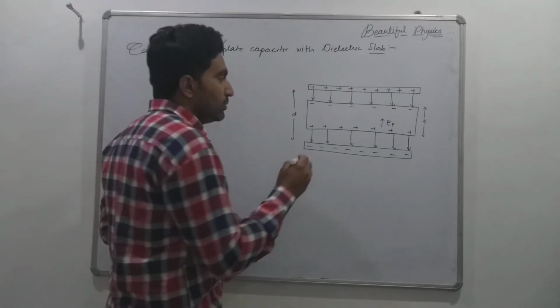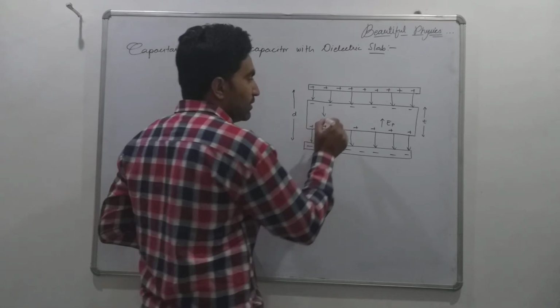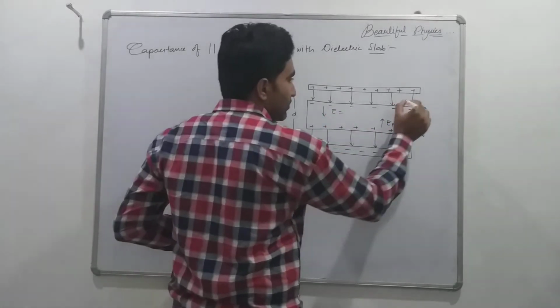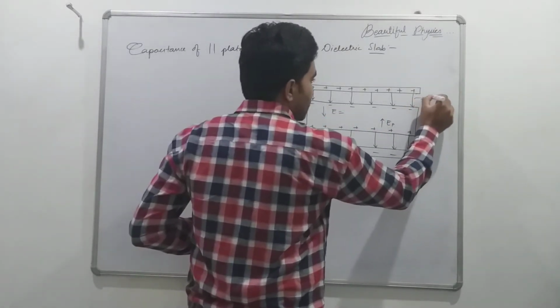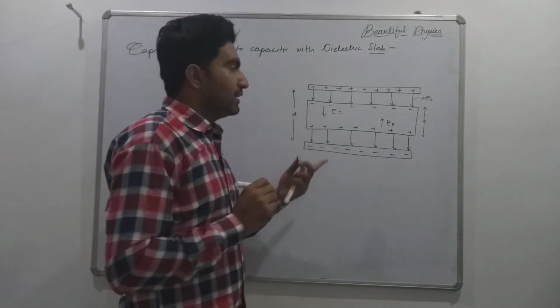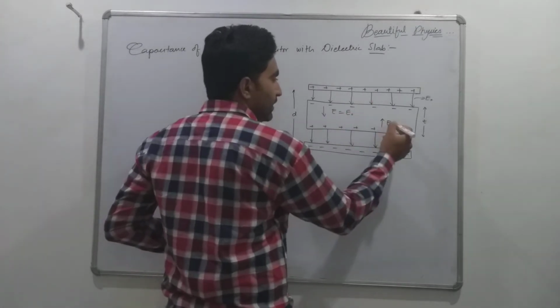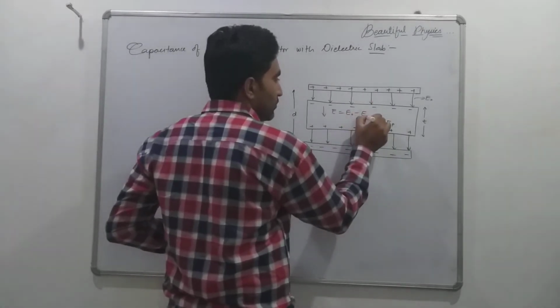If we want to represent the net electric field inside the dielectric, it will be equal to E, and suppose the applied electric field is E naught. E naught is the applied electric field, and inside the dielectric the electric field is E equals E naught minus E P, the electric field due to polarization.